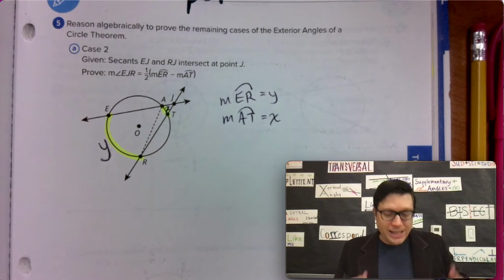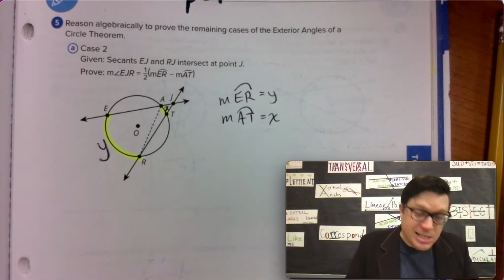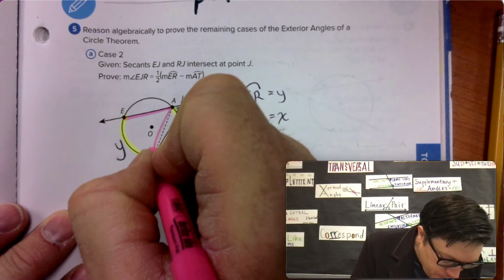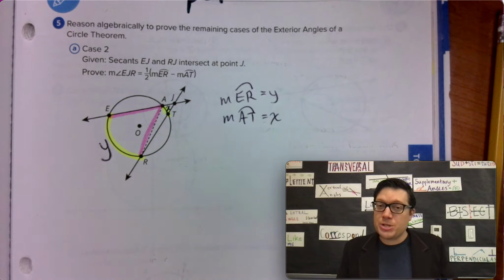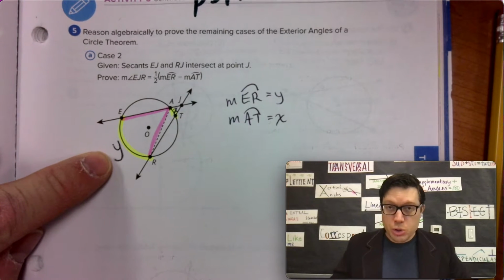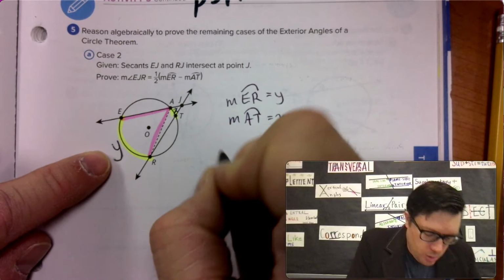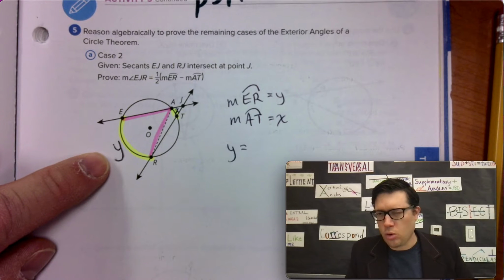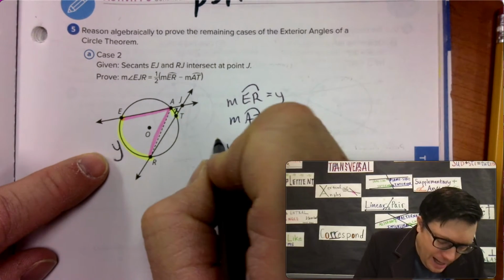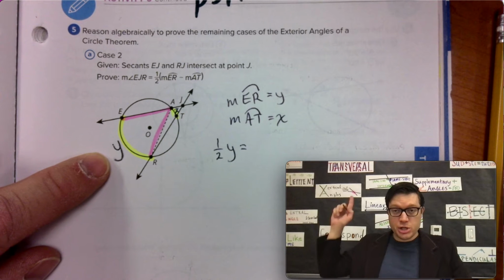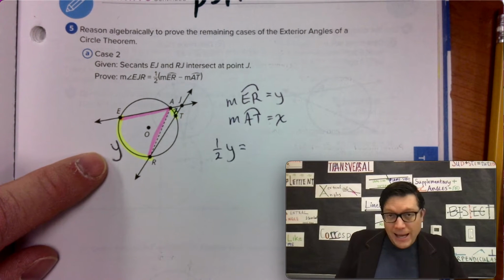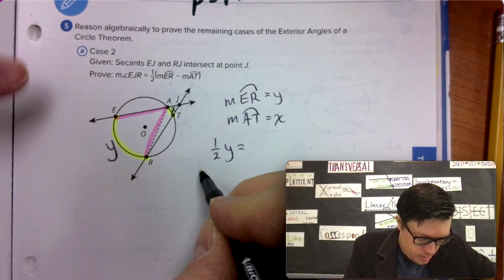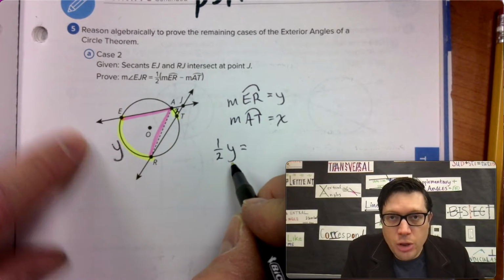Let's say angle EAR. Now we have this inscribed angle. EAR is an inscribed angle, and it's intercepting the arc Y. The relationship of the inscribed angle is that it's half of the intercepted arc. So this pink angle, the measure of angle EAR, is half of the Y value.